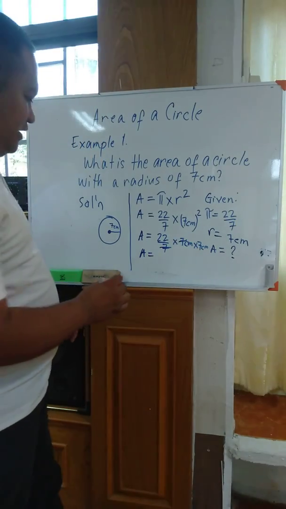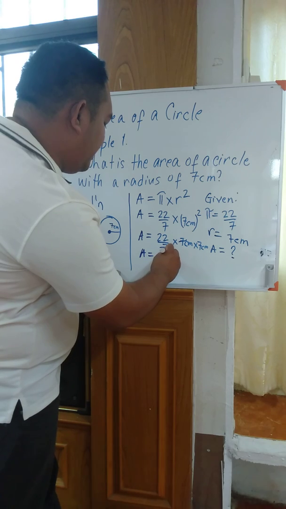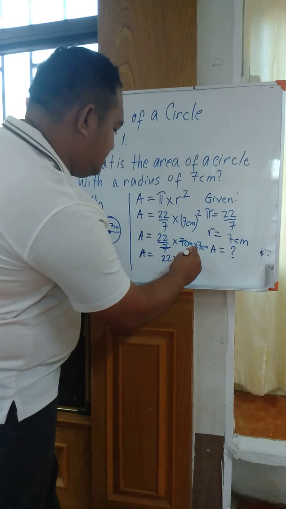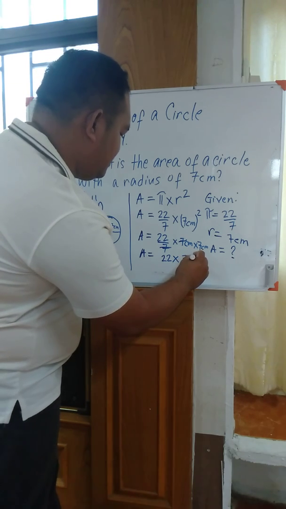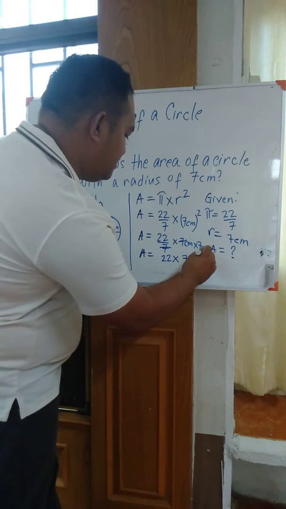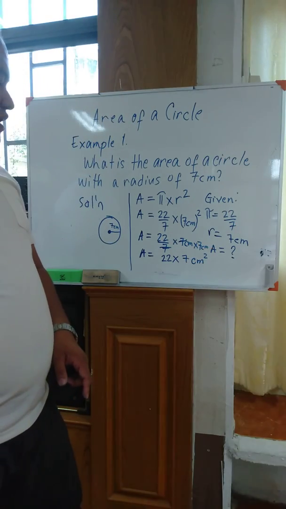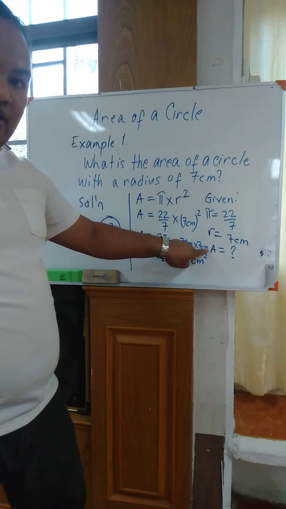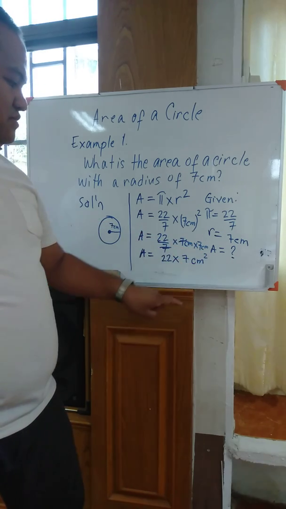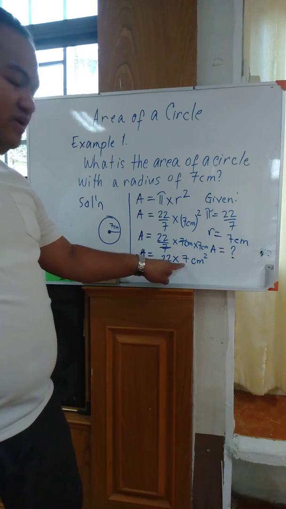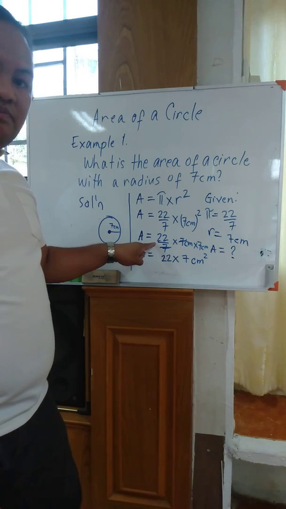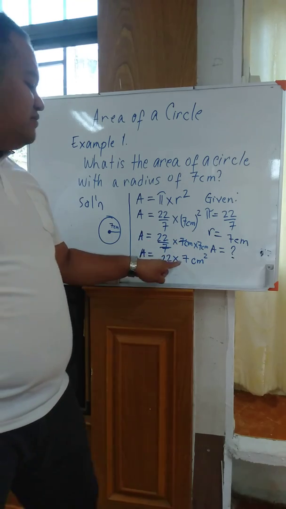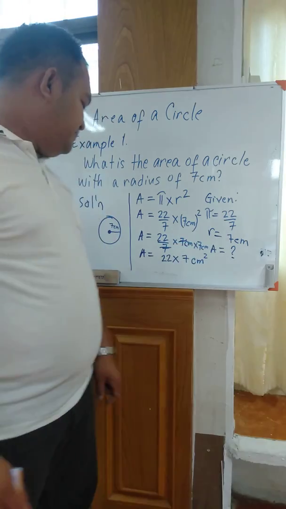So what remains is 22 times 7 centimeter squared. How come? One centimeter here and centimeter there, so it means 2. But the 7 is 1 only because we applied the law of multiplication cancellation. So we have 22 times 7 centimeter squared.